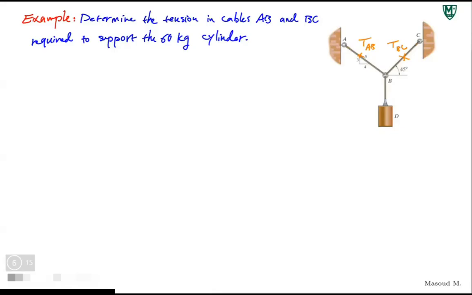The problem statement. There's only one piece of information there. I'm told that the cylinder is 60 kilograms. So I'm going to start from there. If I am given the information about the cylinder, I'm going to isolate that cylinder and draw the free body diagram for that.